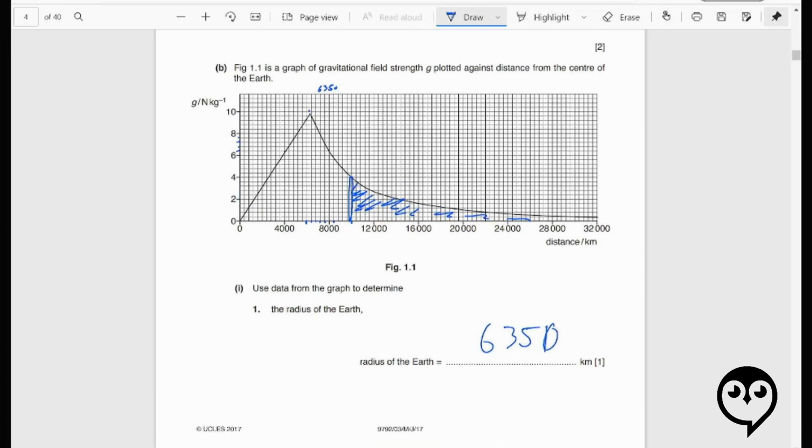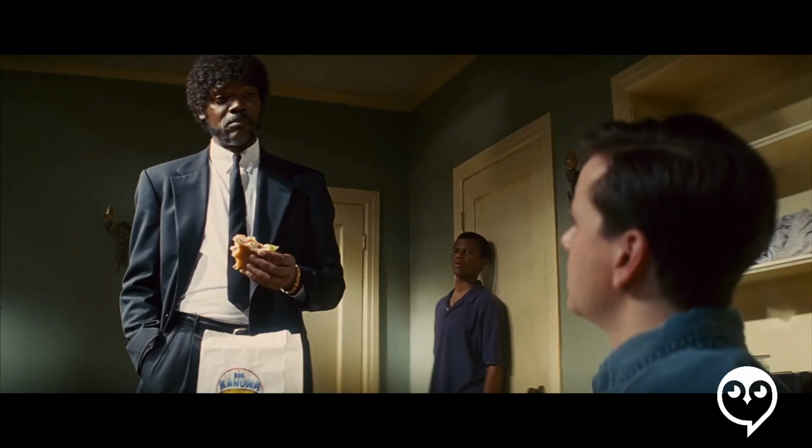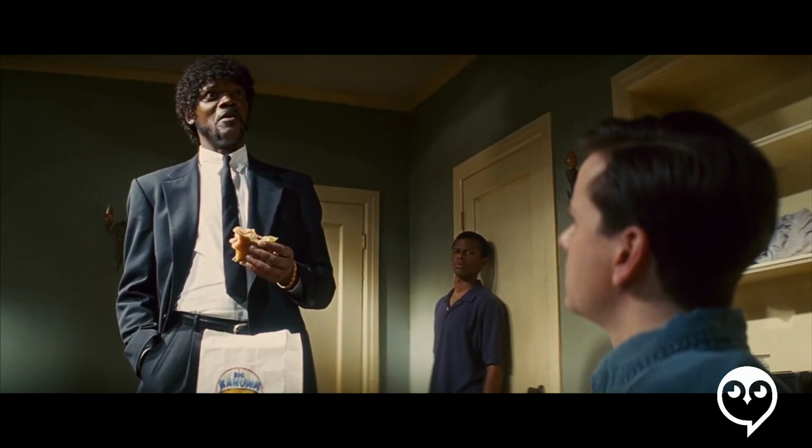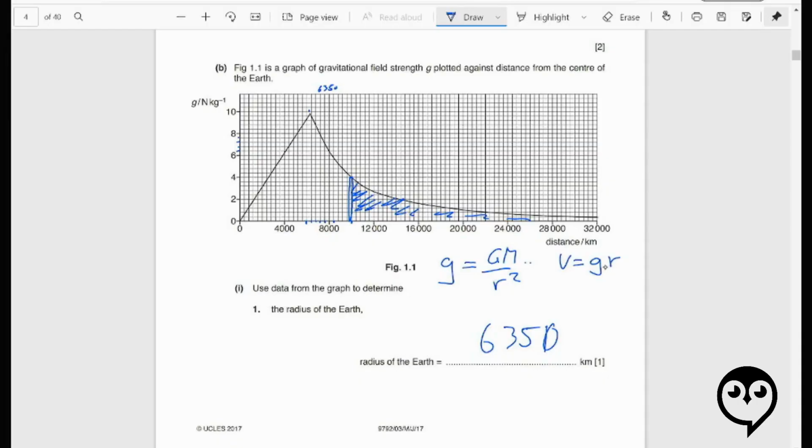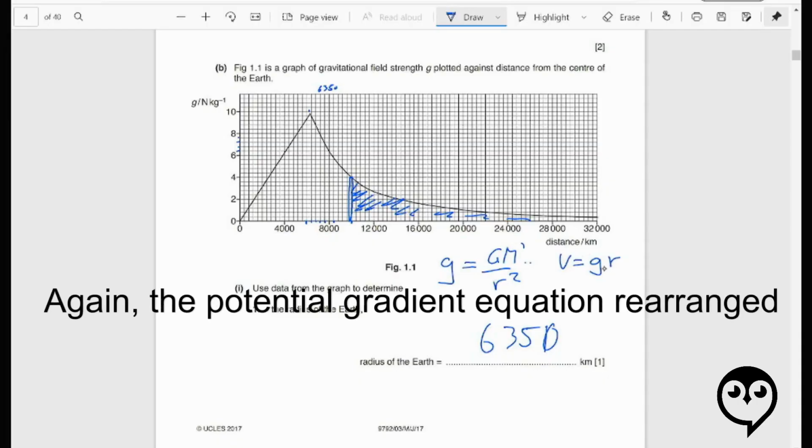Interesting. So gravitational field strength is this, from what we had seen before, times a certain distance r. This would cancel these things out. And what is that now? That's no longer g. That's your potential. That's what we just saw in the mark scheme. We had plugged in the GM, you remember what we had done.